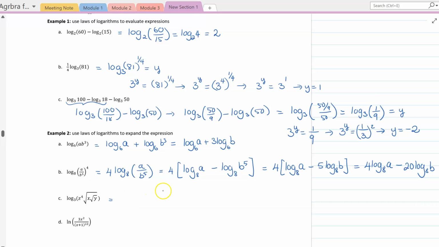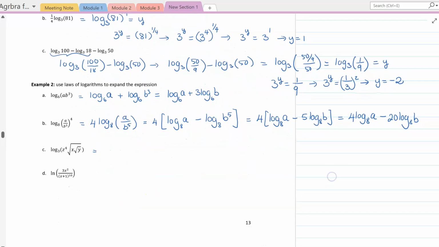Again, we start with expanding this out using the multiplication law. So let's rewrite this a little bit. Here we're looking at log base 3 of z to the 4 plus log base 3 of x times square root of y, together to the 1/2.